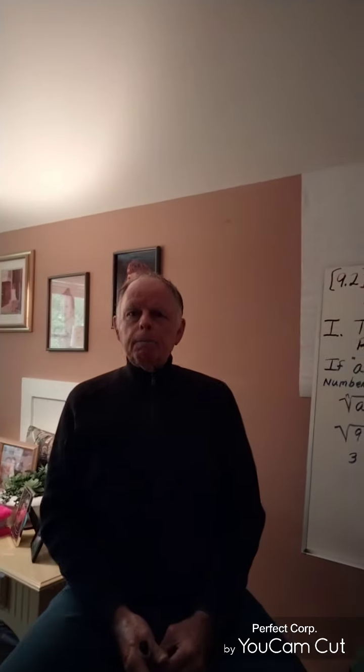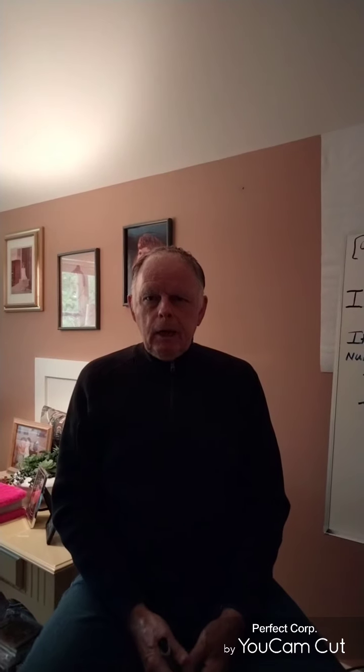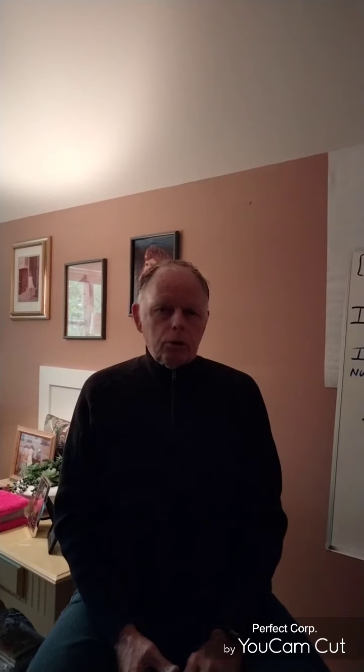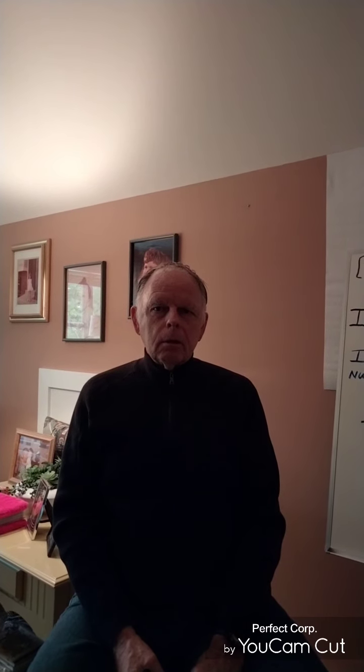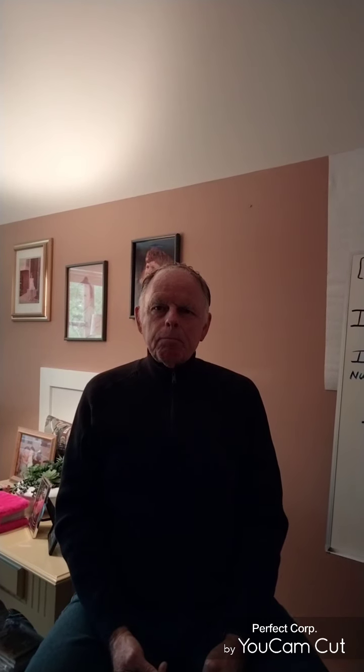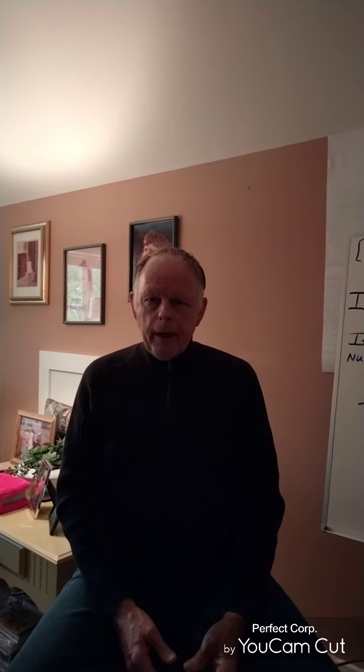Now we're moving into 9.2. And in 9.2, we're going to be looking at the first two operations of radicals: multiplying radicals and dividing with radicals. We're going to be looking at multiplication of radicals first. And there is a formula that we're going to be following when we are dealing with the multiplication of radicals.